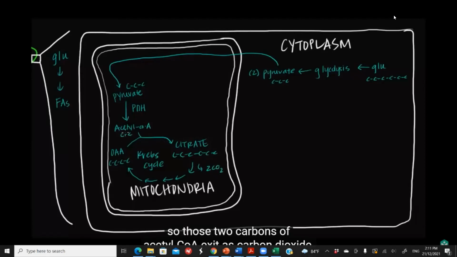So the 2 carbons of acetyl CoA exit as carbon dioxide, and we also form a number of reduced electron carrier molecules called NADH and FADH2, which shuttle their electrons from the oxidation process that occurs in the Krebs cycle to the electron transport chain, which is located on this inner mitochondrial membrane. How convenient, right? And then from there, we can produce ATP using oxidative phosphorylation.